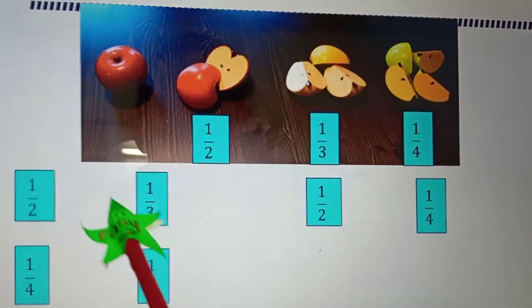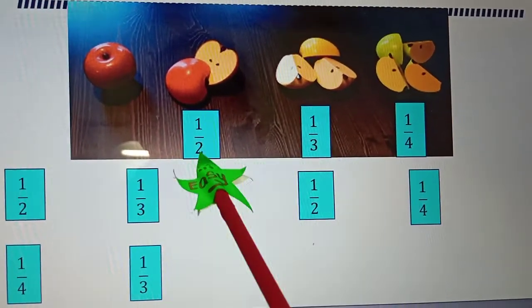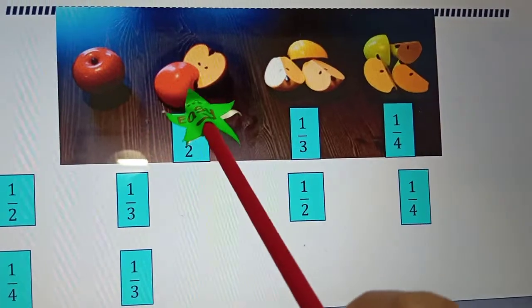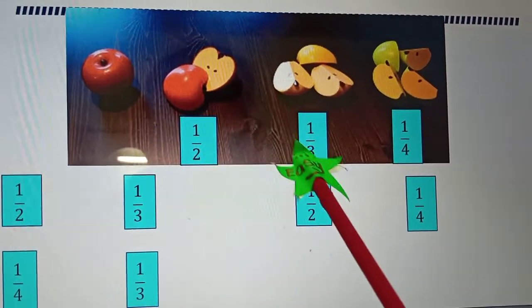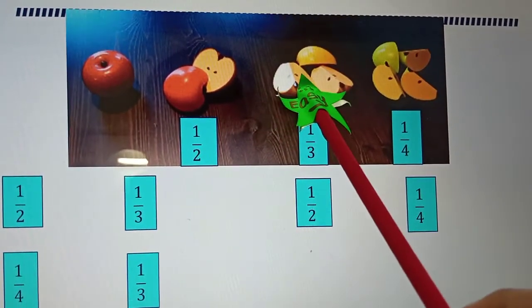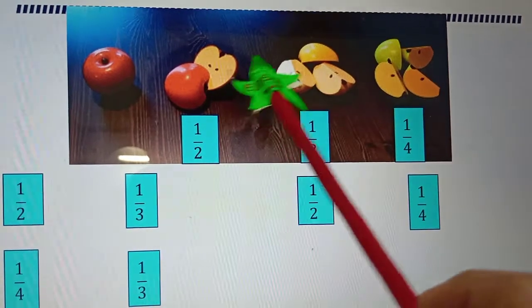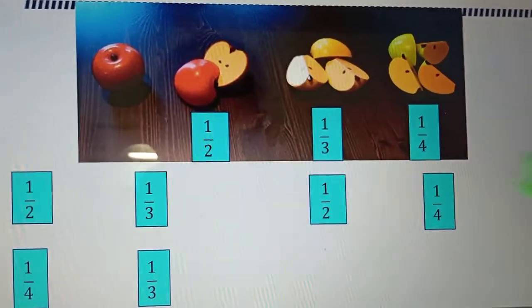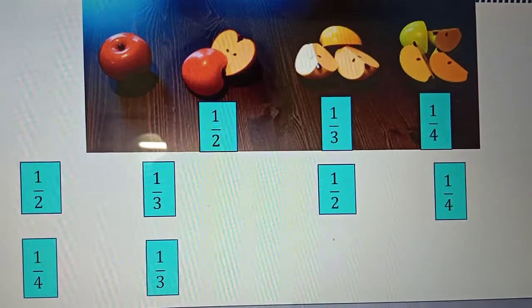Is 1/2 larger or smaller than 1/3? Okay, see. 1/2, this one. 1/3, this one. Can you compare? So is 1/2 larger or smaller than 1/3?